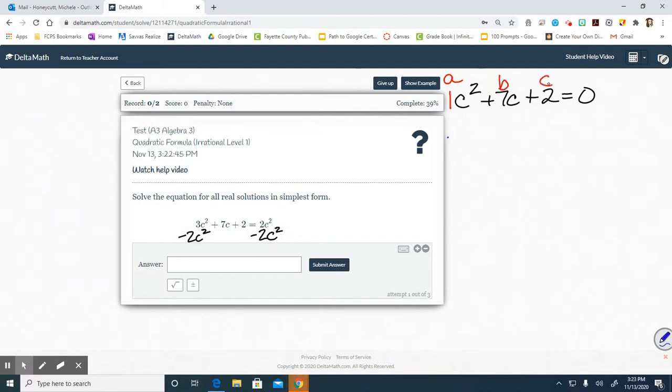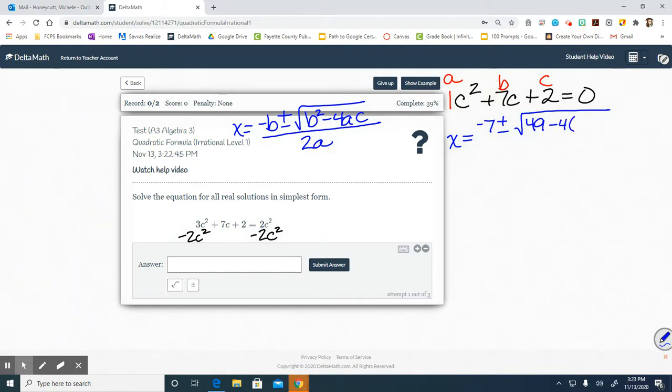Then I'm going to take my quadratic formula. I'm going to write it out again so I can remember it. X equals negative b plus or minus the square root of b squared minus 4ac all over 2a. Then I'm going to substitute stuff in. So negative b, negative 7, plus or minus the square root of b squared. So 7 squared is 49, minus 4 times a, which is 1, times c, which is 2, all over 2a, or all over 2 times 1.